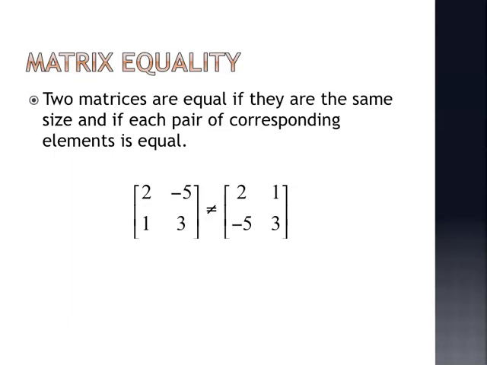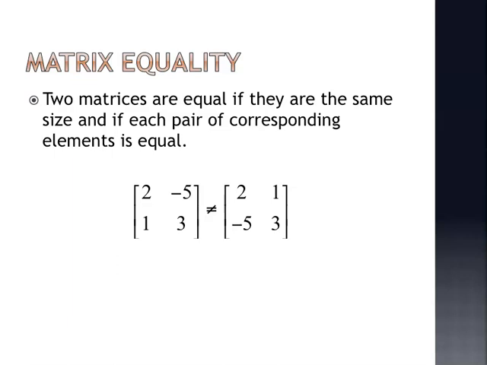So if you look at this example here, although you have the same 4 elements and these 2 matrices are the same size, they're both 2 by 2 matrices, they are not equal because the elements, although the same, are not the same in the corresponding positions. So you see how the first element in the first row is a 2, and in the second matrix, that's the same. You need that to be the case for all the elements.